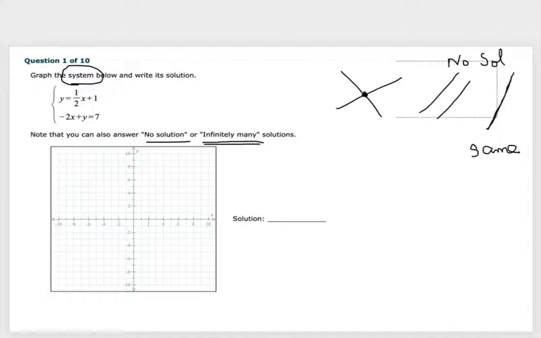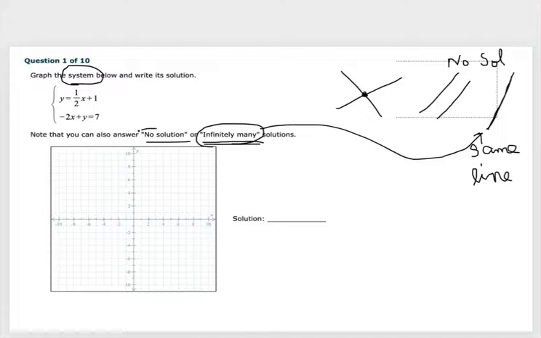I'm going to go through these 10 problems in great detail, and then you're going to have 10 to do on your own. So we've got same line means infinitely many solutions. Infinitely many solutions means they are the same line.